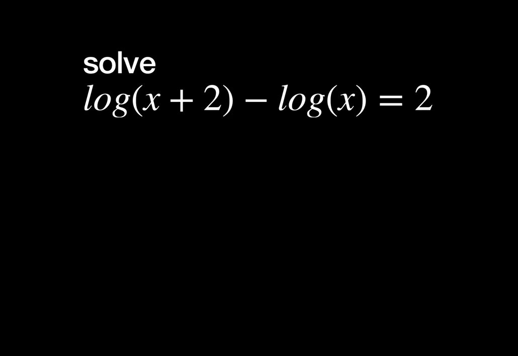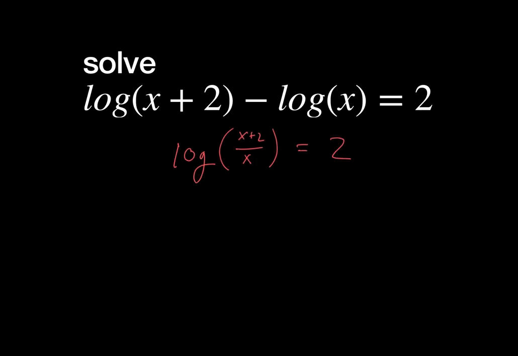I have two different logarithms, all the same base. If I can combine them into one thing, I can set up an equation. Here I have logs and I'm subtracting, which means I can combine them into one fraction.